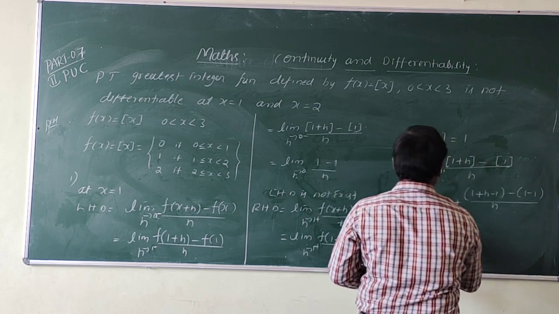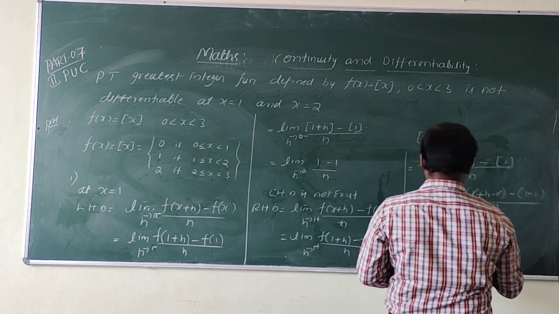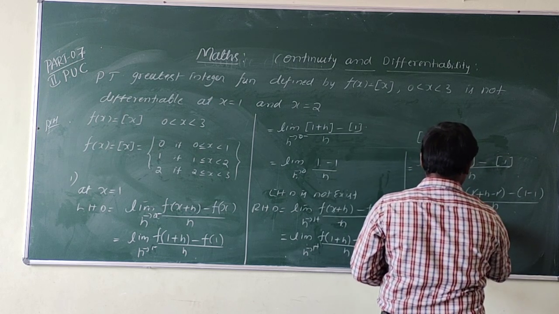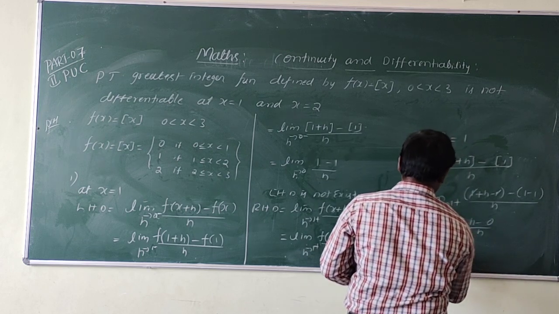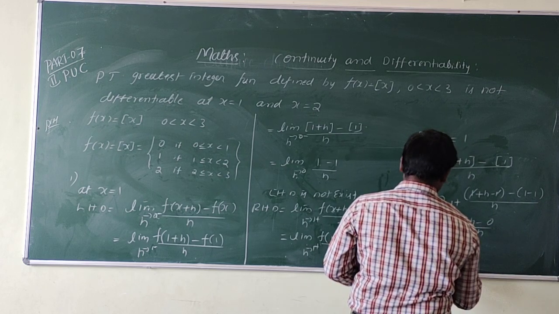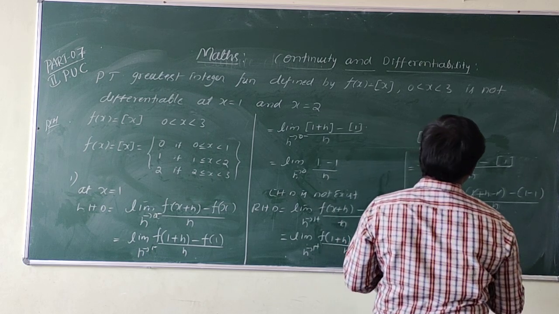So 1 gets cancelled, h minus 0 divided by h as h tends to 0.